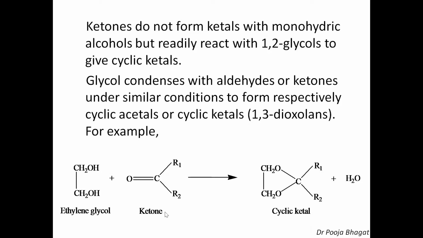If instead of ketone it is aldehyde, then you can decide R1 and R2 accordingly. If it is formaldehyde, both the R1s will be H. So here you will have H and H. If it is another aldehyde, then one of the R1 will be an alkyl group and the other will be H. So you can write down the structure for the cyclic acetal also. So this is the reaction for acetal formation.